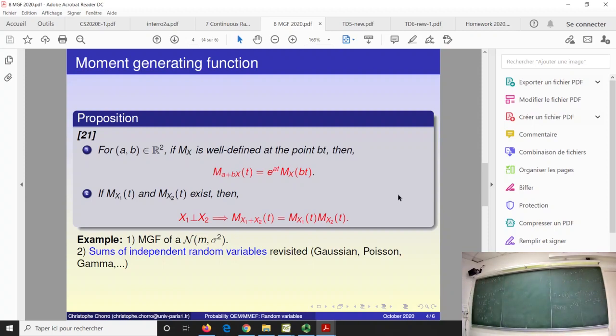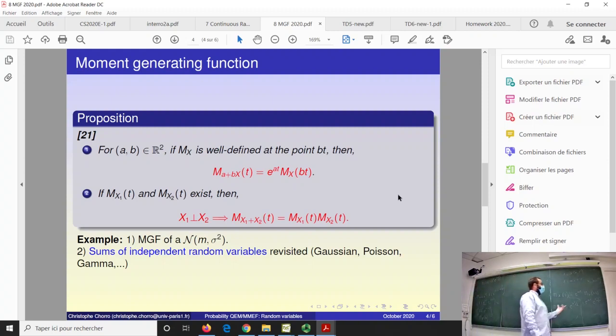You have here the moment generating function of N(m, sigma squared) that can be deduced easily from the moment generating function of N(0,1). It's an expression that you have to know. So if you know the one of N(0,1), with one line you are able to recover the one of N(m, sigma squared).